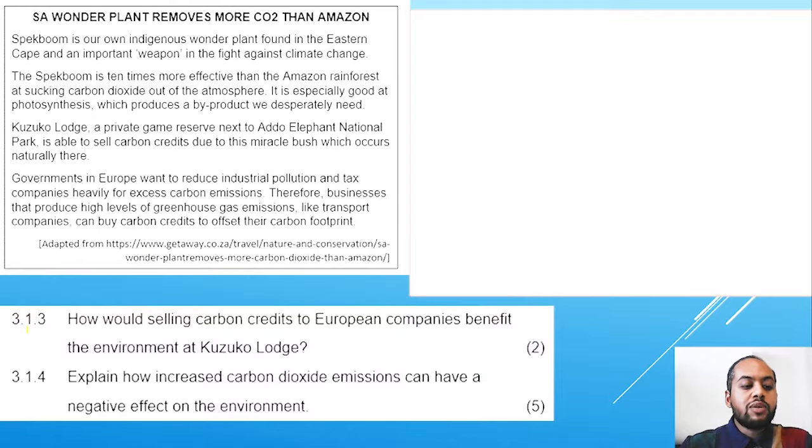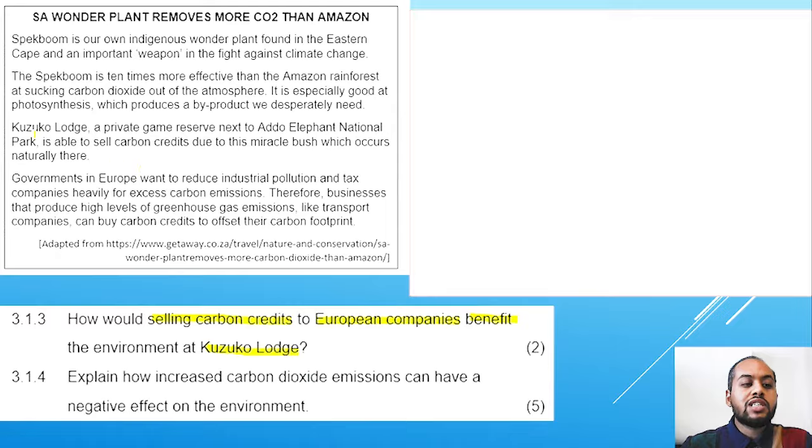The next question, 3.1.3, says how would selling carbon credits to European companies benefit the environment at Kuzuko Lodge?